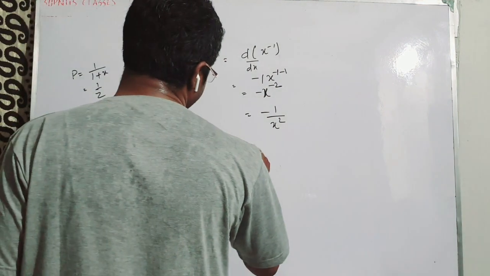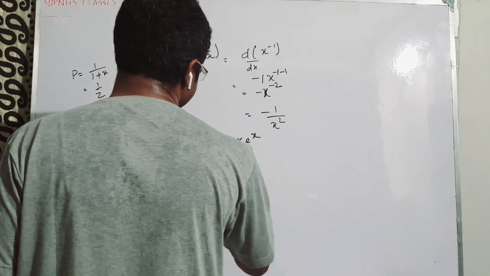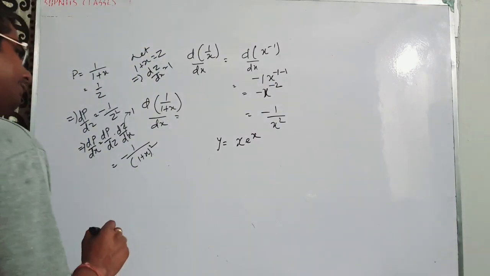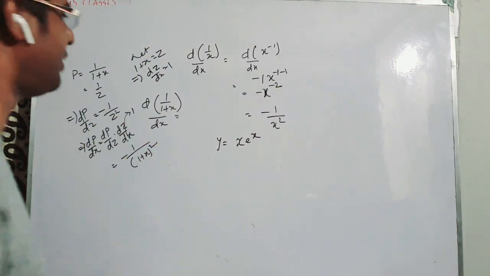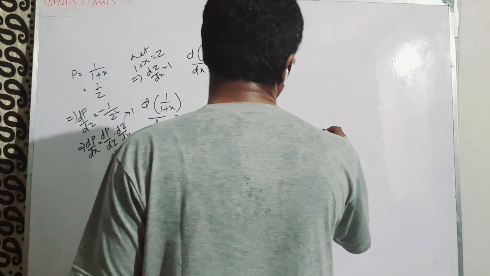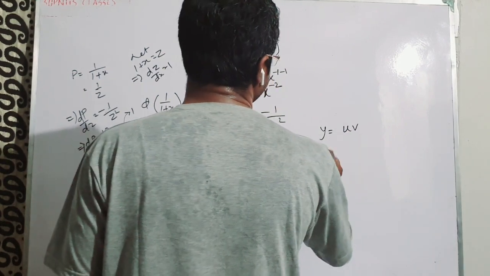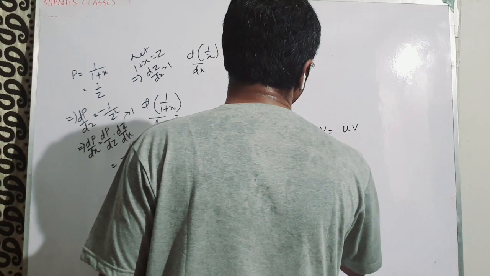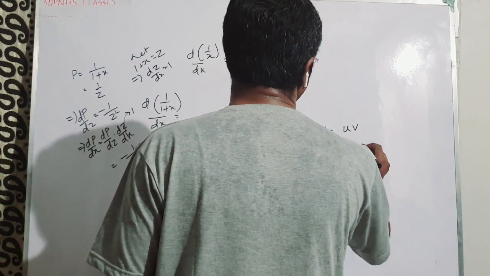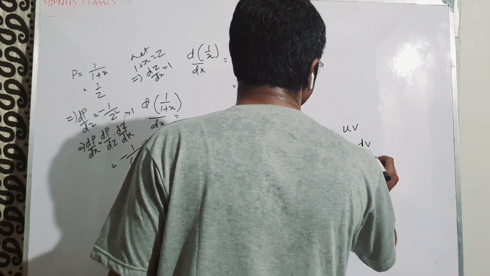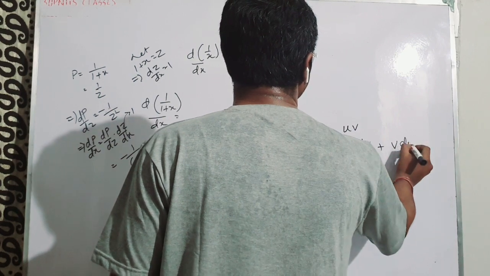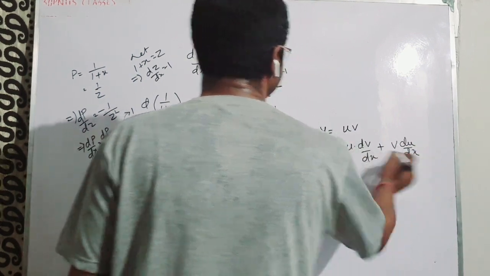I'll show you another one, x e to the power x. So this is basically when two things are in multiplication form, how you do it. So see, if this is the case, suppose there is uv like this. In this case what we do is dy/dx is equal to, first you take u dv/dx, then you will take v du/dx. This is the formula.